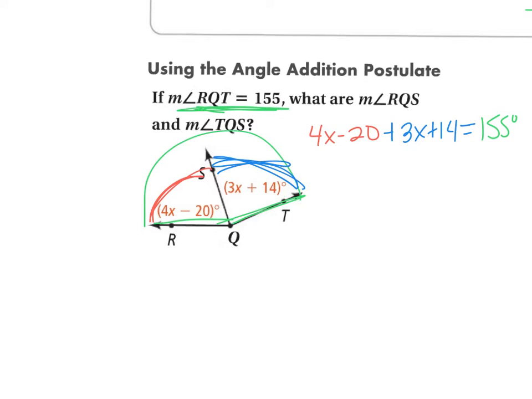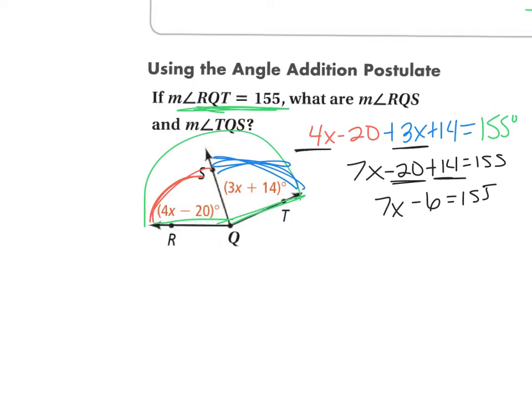So let's go ahead and solve it. Combine your like terms. So that would be your x's, so that would give you 7x. Bring everything else down. Combine like terms again. So negative 20 plus 14, different signs, find the difference, gives you negative 6. 7x minus 6 equals 155, plus 6 on both sides.